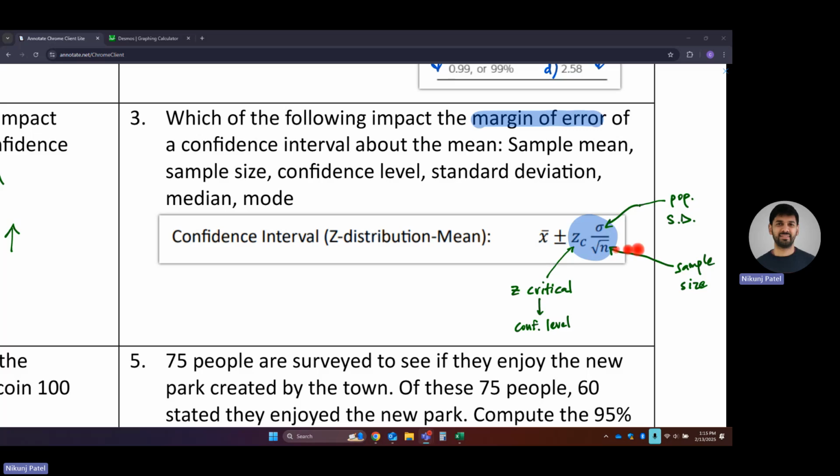We only want these 3 right here: the sample size, which was n, the confidence level, which was determining what Z critical is, and then the standard deviation. So there's those 3 right there. These 3 impact the margin of error. The other 3, the sample mean, which is X bar, the median, which is none of these, and the mode, which is also none of these, do not. So I'm going to mark those out. There you go.